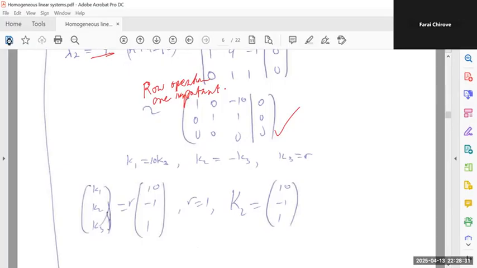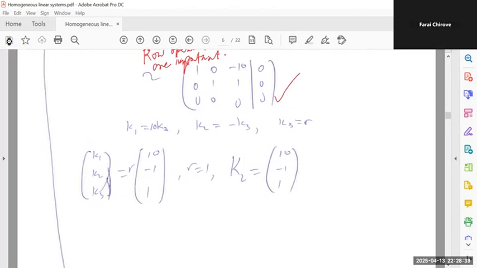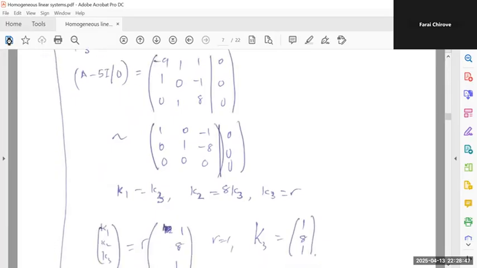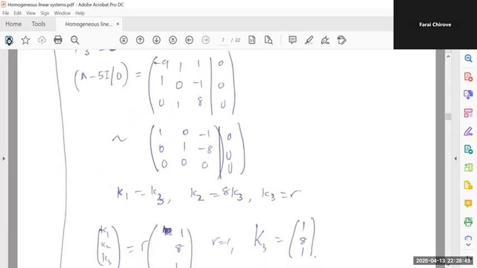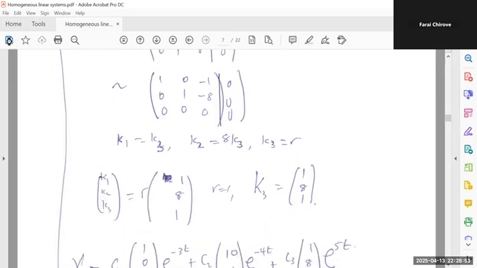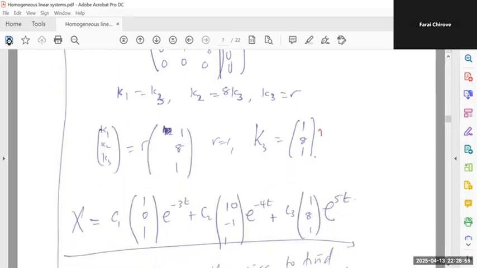Okay. So at the end of the day, you have the row operations, and get the K2. So that's your linear algebra. That's why I'm going past it without much waiting. You do the same for lambda equals 5, and at the end, you also get K3 there.